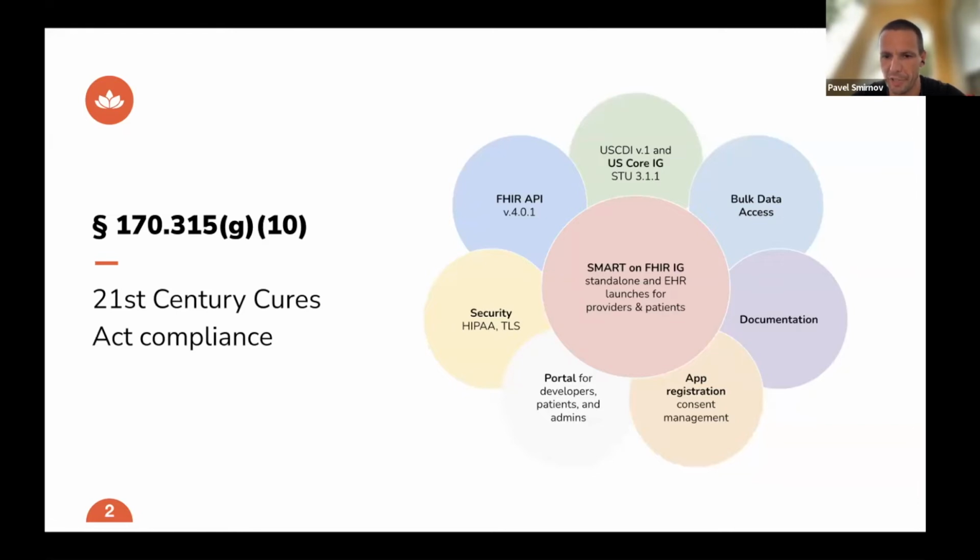And of course, there are patients who should be able to see what applications are available and be able to launch these applications. So they need to provide consent to share data with these applications, and maybe remove these consents if they change their minds and don't use the application anymore. All this needs to be secured and documented properly. So that's the scope of work which you have to deliver to be compliant with G10.